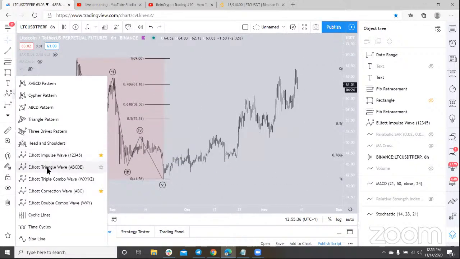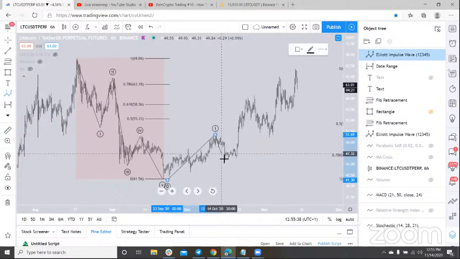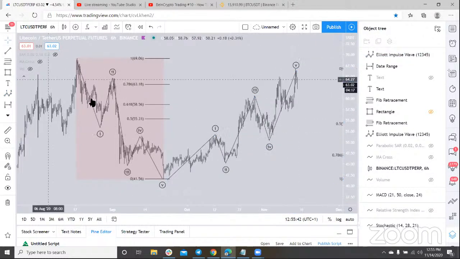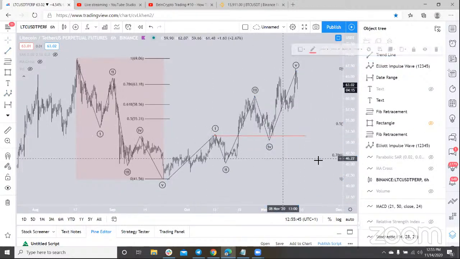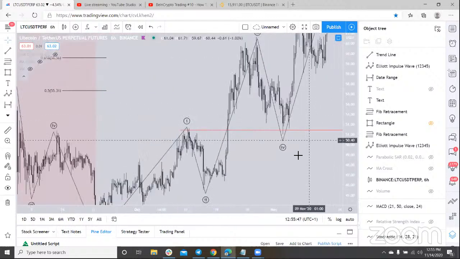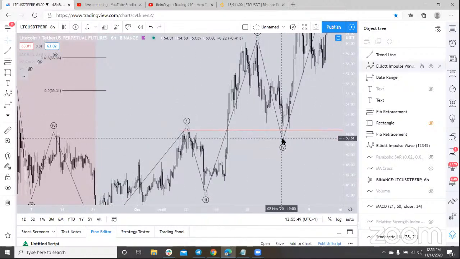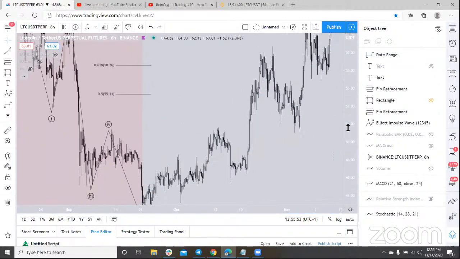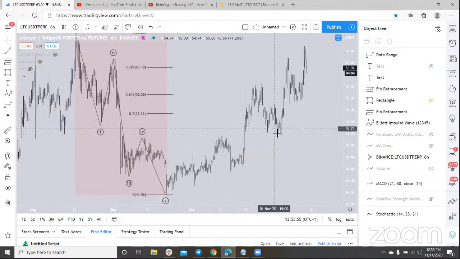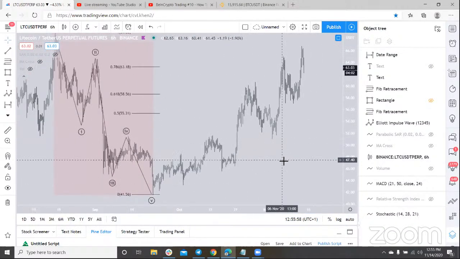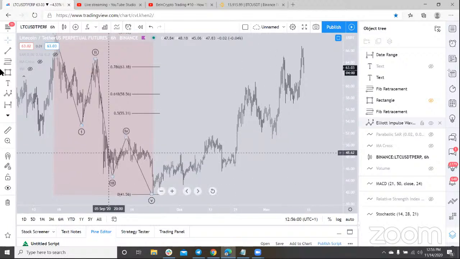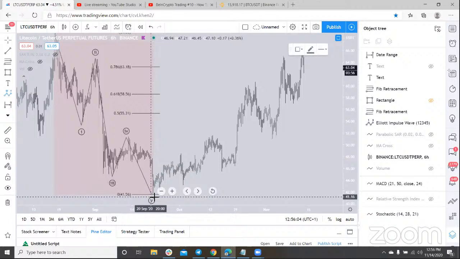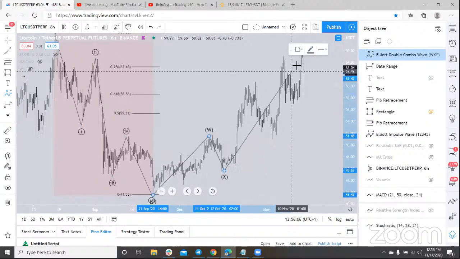Now, this might look like an impulse at first glance, but we have this here. So it breaks the rules. 4 breaks 1, so not a valid impulse. So this is probably a complex correction, WXY, something like that. My most likely count here is WXY.